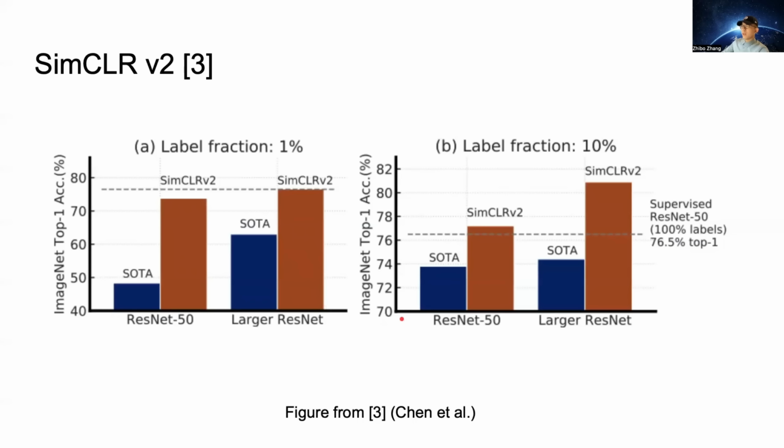And if they increase the label percentage to something bigger, like 10%, a very encouraging thing is that if you use a larger model, or a model of larger capacity, as you can see here, it greatly outperforms the supervised counterpart, which means that the small fraction of labeled data actually helps greatly in the case of contrastive learning.